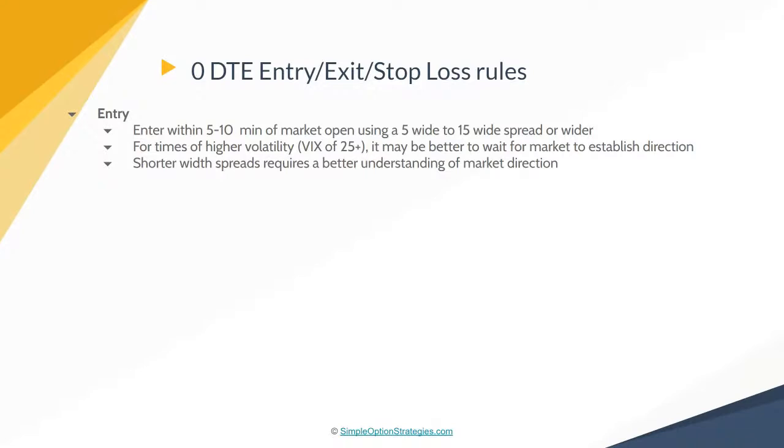Okay. So the shorter width spreads, 5 wide, let's say, it really does require you to have more of an understanding of the market direction. So in those cases, you can trade those, but it's probably better to wait on those. However, the risk is that the longer you wait, the closer to the market you're going to have to be with your spread.